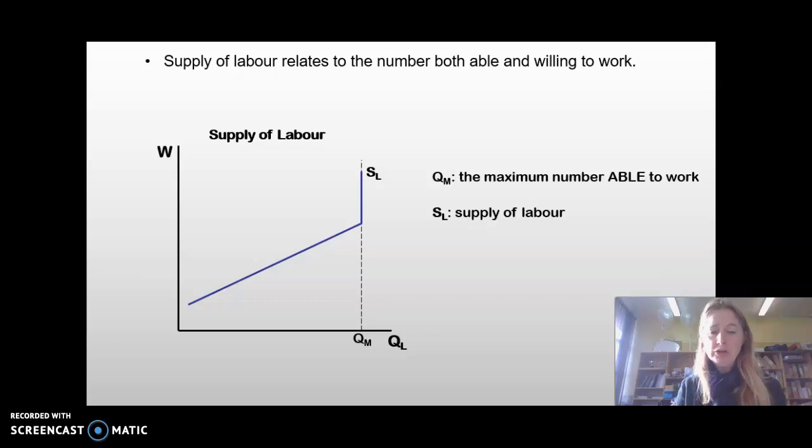There's no restraints like qualifications needed. You don't need to belong to a professional body to work in a supermarket. So there tends to be a lot more people available to work in that market. So let's call it criteria to work in that particular industry or profession can affect the number of people who are available to work.